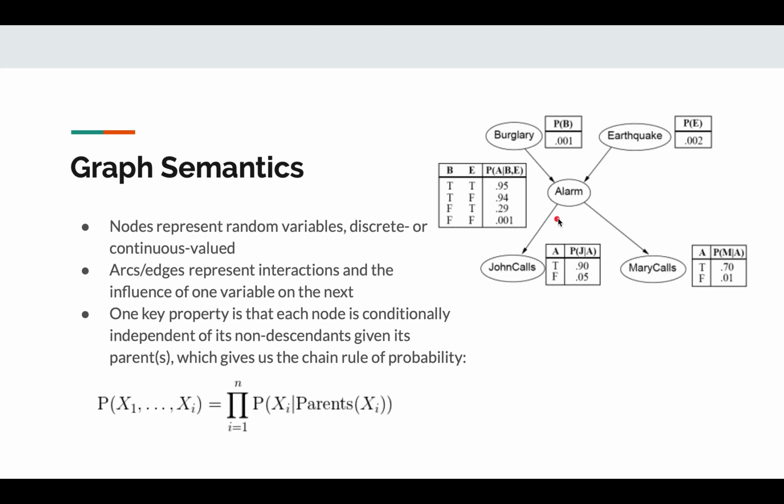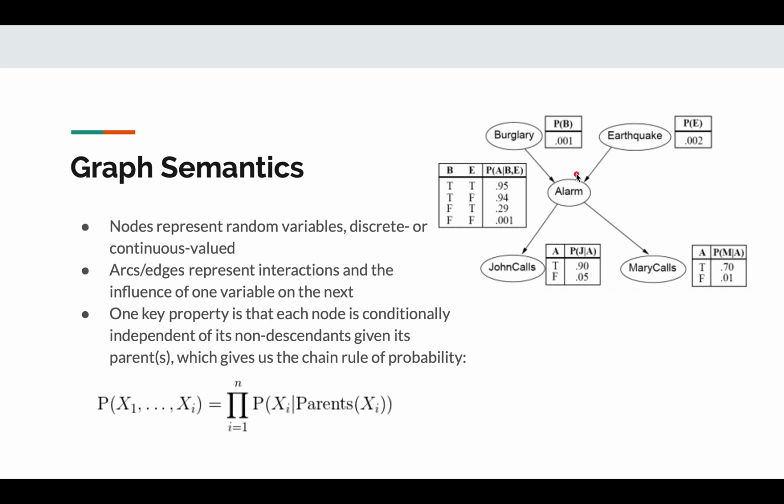So really, this is saying that the burglary could affect the alarm, the earthquake could too, but the burglary and earthquake aren't related to each other. And then John could call and Mary could call, and whether or not they call is conditionally independent given a specific value of the alarm.